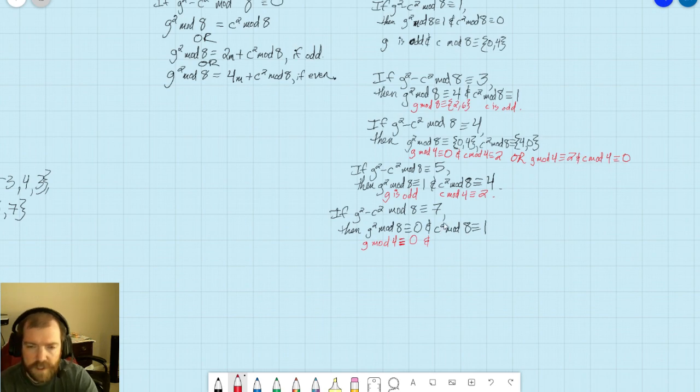And other side, C squared mod 8 is 1, means that C is odd. All right, so we may have eliminated some possible cases here, potentially.